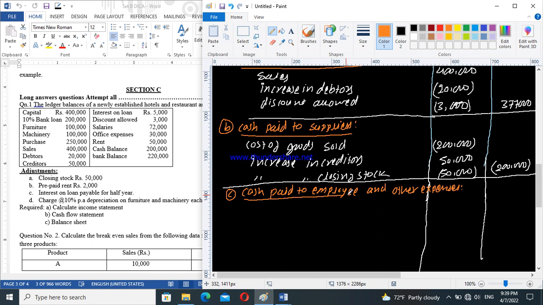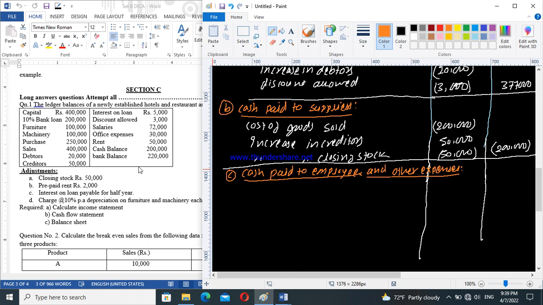Employee and other expenses involve salaries, we have 72,000, and next one office expenses is 30,000, and next one we have rent is 50,000.